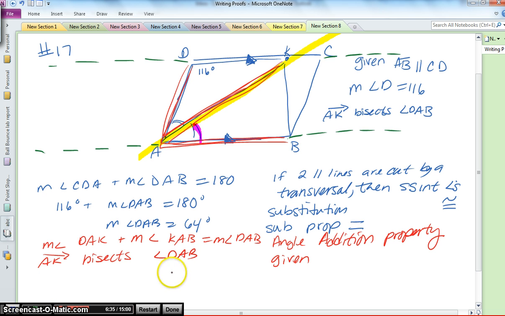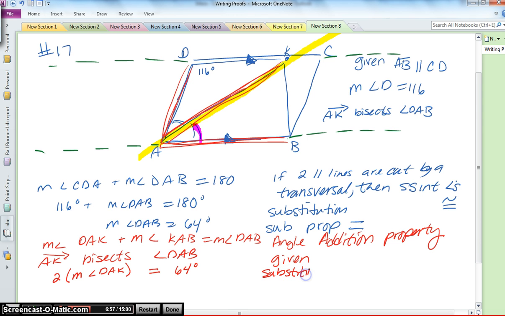We've established that angle DAB equals 64 degrees. We know that 2 times the measure of either angle DAK or KAB equals 64 by substitution.